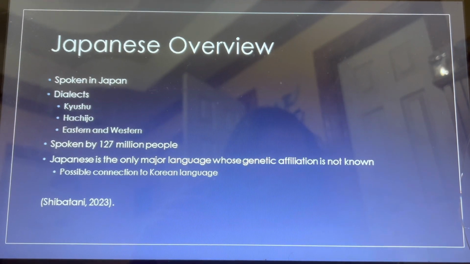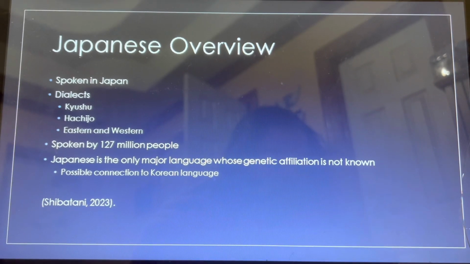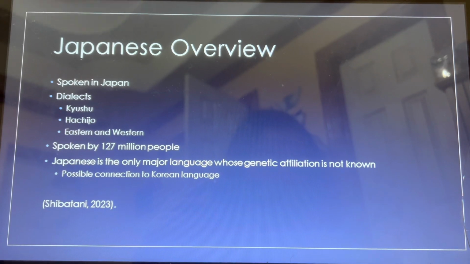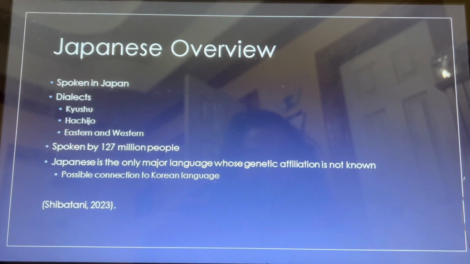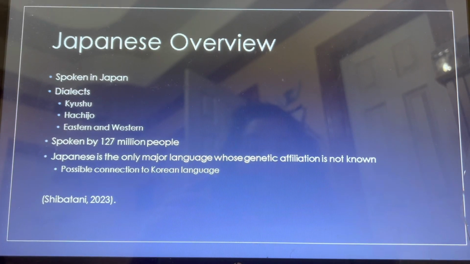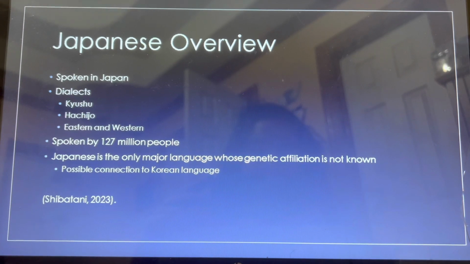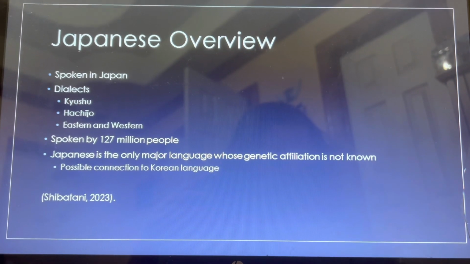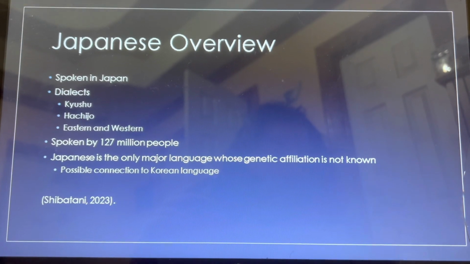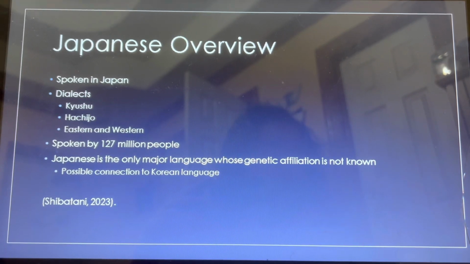Something interesting about the Japanese language is that it is the only major language whose genetic affiliation is currently unknown. By that I mean that with most languages, like English, you can basically pinpoint where certain parts of our language came from in other languages. That's just not the case for the Japanese language. However, there is a theory that it has connections to the Korean language, but as of right now, that's still just a hypothesis.